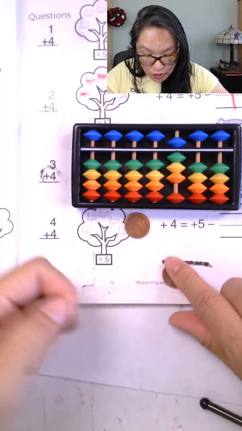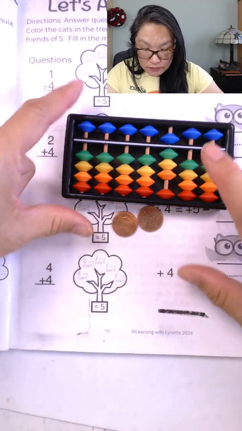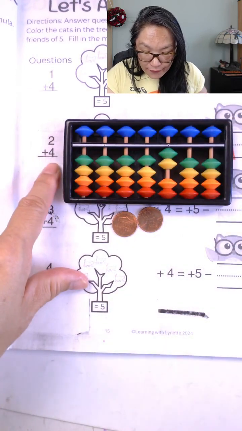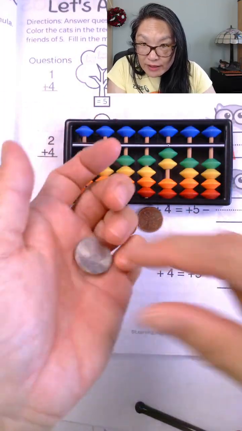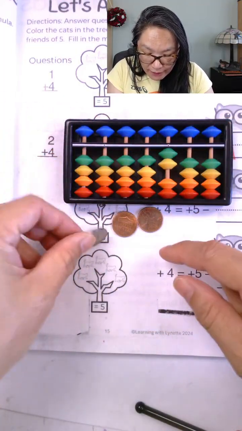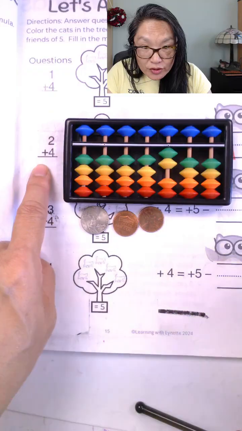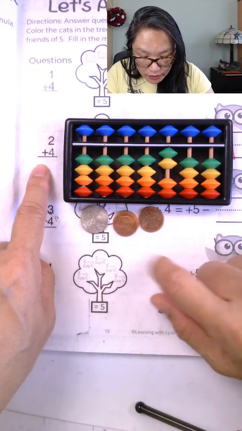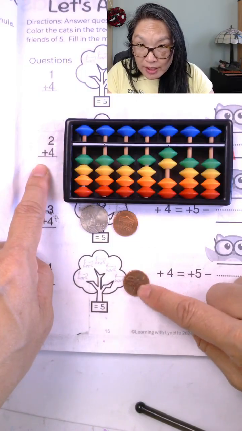So if I have 2 on the abacus, and I want to add the 4, I have enough money for 4. I have 5 cents. But if I give you my 5 cents, that's too much. What do I do? Thank you, Jared. I need to do an exchange. I need to get my change back. My change is 1.